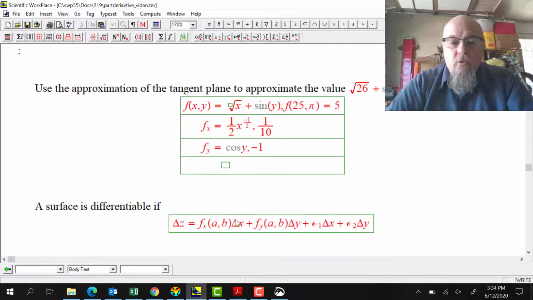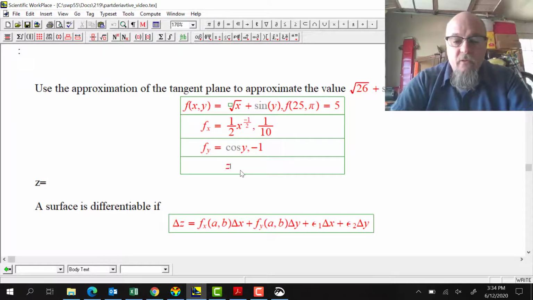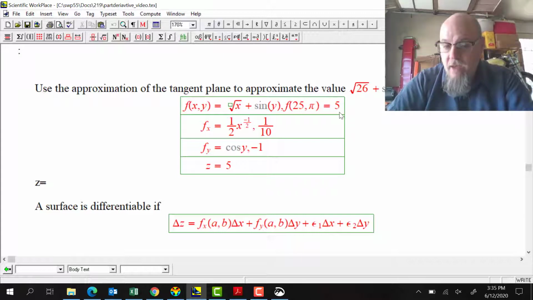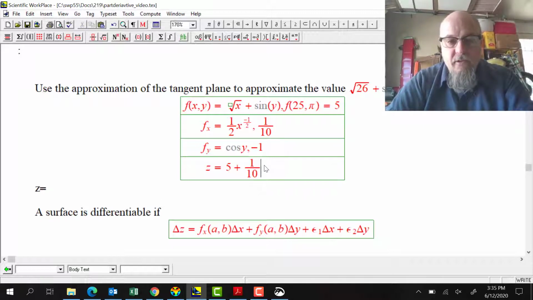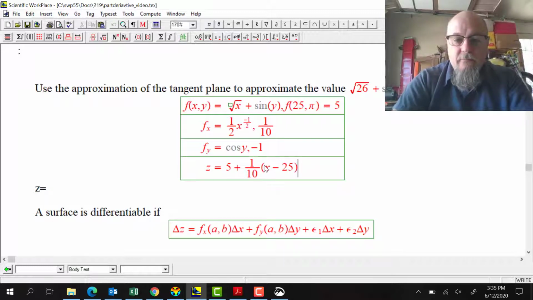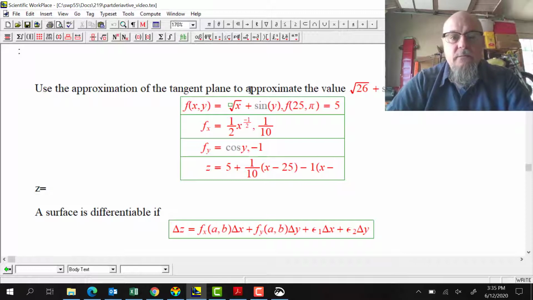So now, the equation of the tangent plane: z is equal to z naught, the output value that I know, plus the slope in the x direction as a number times x minus 25, plus the slope in the y direction that I know times y minus pi.